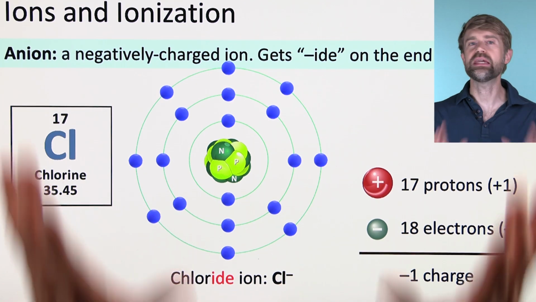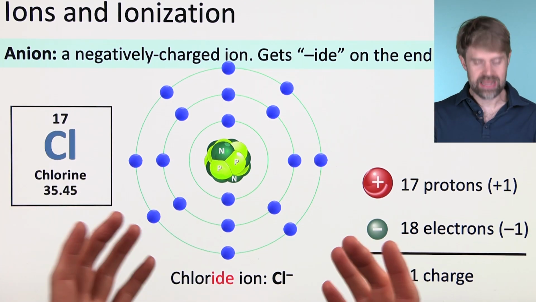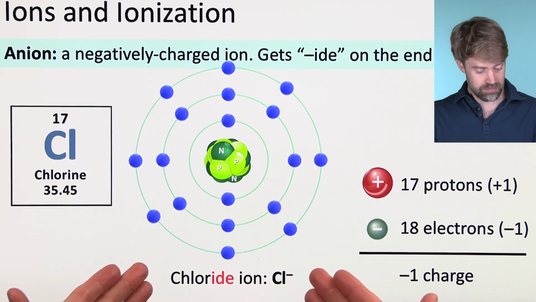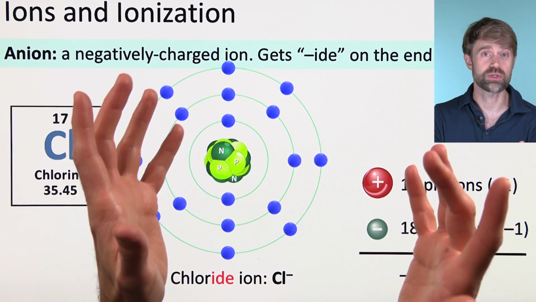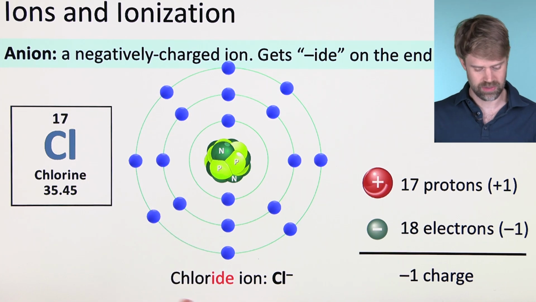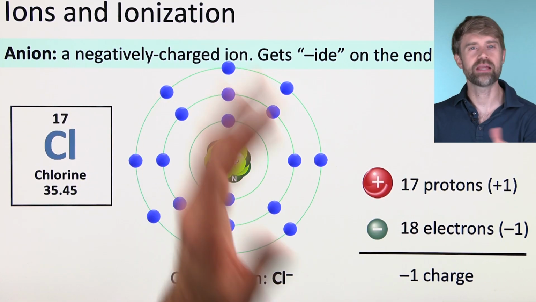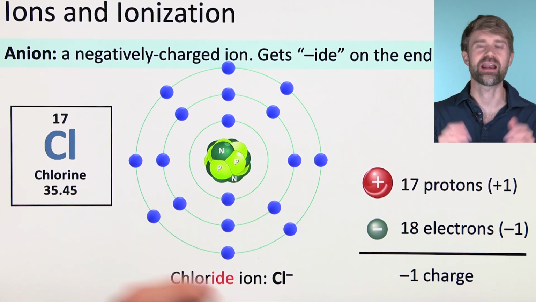Now, the TEAS isn't going to test you on naming ions. You're not going to have to know that chlorine goes to chloride. I want to call things the right name, so I'm going to call this chloride, and also I want to let you know that if you see something on the TEAS that ends in IDE, you'll know it's a negatively charged ion, it's an anion.